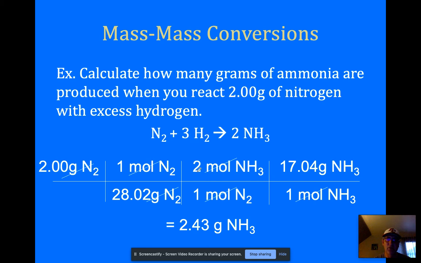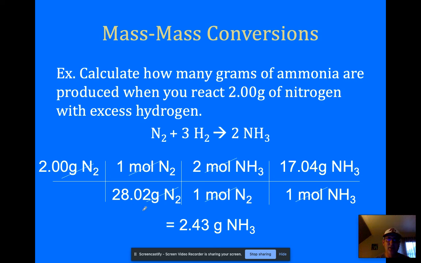For every 2 moles of NH3, 1 mole of N2. So that's changing your substance. And now we have to go back to grams of our new substance, which is NH3. 1N, which is 14.01, and 3 H's, which is 3.03 combined. So when you go 2 divided by 28 times 2 times 17.04, you get 2.43 grams of NH3.